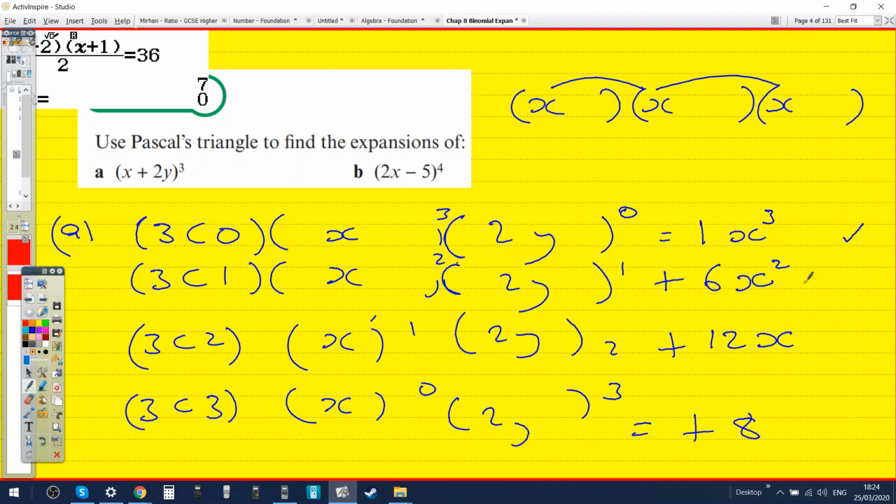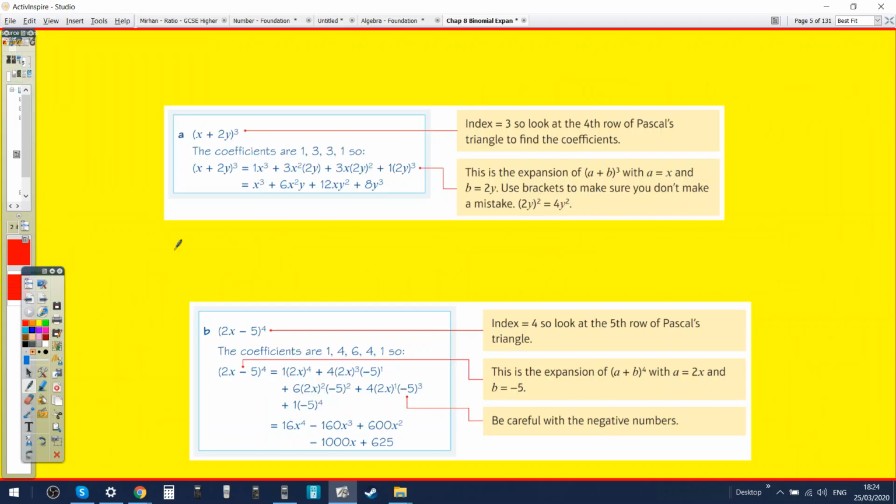And in the second one, there's just one. And then the y squared. And then y cubed. X cubed plus 6x squared y plus 12x y squared plus 8y cubed. Bingo. It's a good thing you're here.